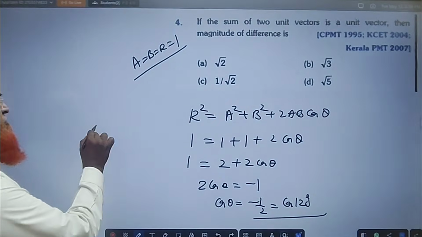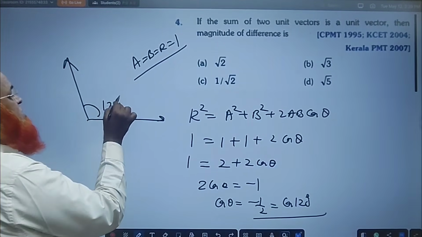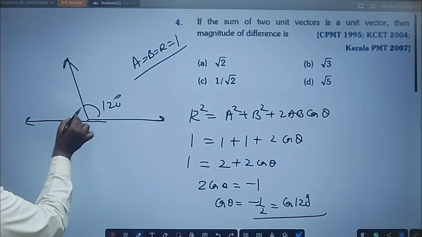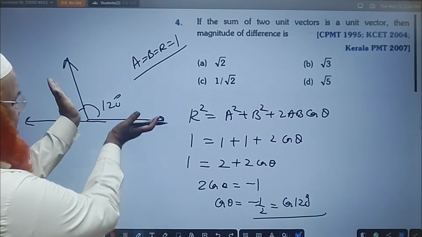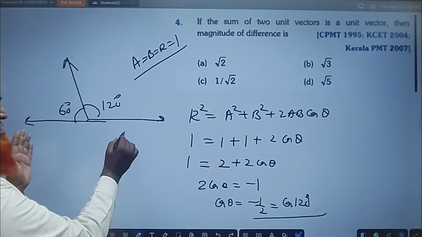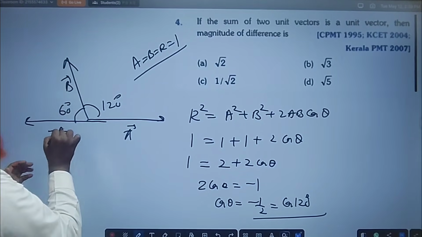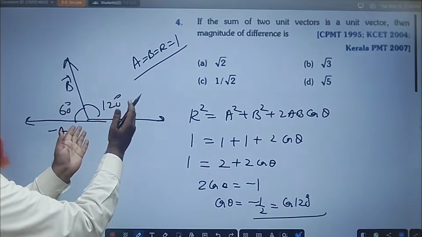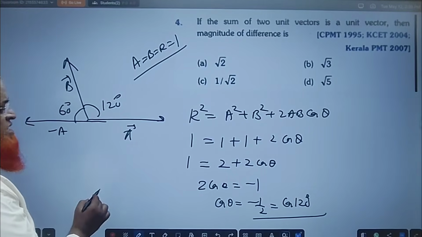That means the angle between one vector and the other vector is 120 degrees. Understood? If that is 120 degrees, then for the difference, the angle is the remaining angle, 60 degrees. If these are the two vectors a bar and b bar, and this is minus a, the angle in between is 60 or 120. For the difference, you have to take the negative of a, so you get the left side. So what is the resultant now?